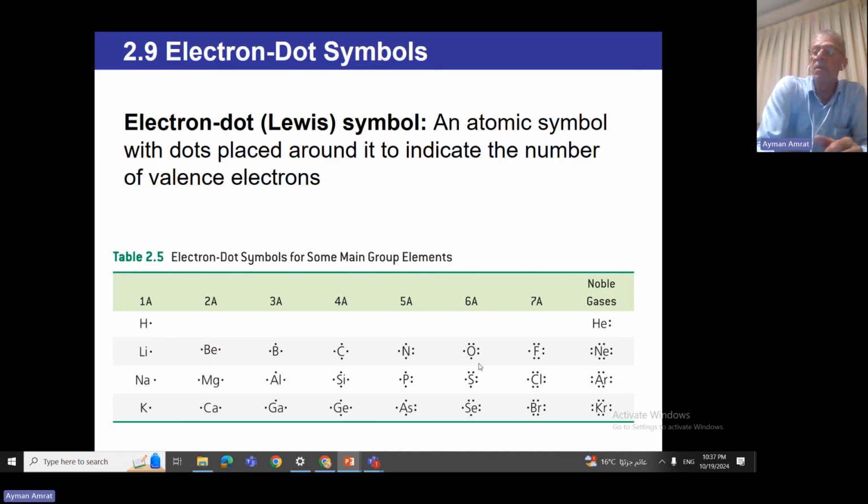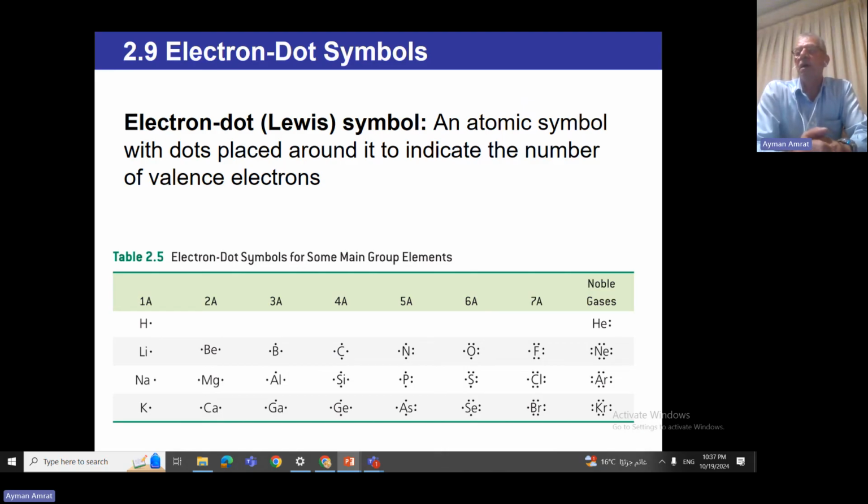2 unpaired electrons and 2 pairs. For the halogens with 7 electrons, after the 4 unpaired, the 5th should be paired, the 6th should be paired, the 7th should be paired. So the halogens have 3 lone pairs and 1 unpaired electron.